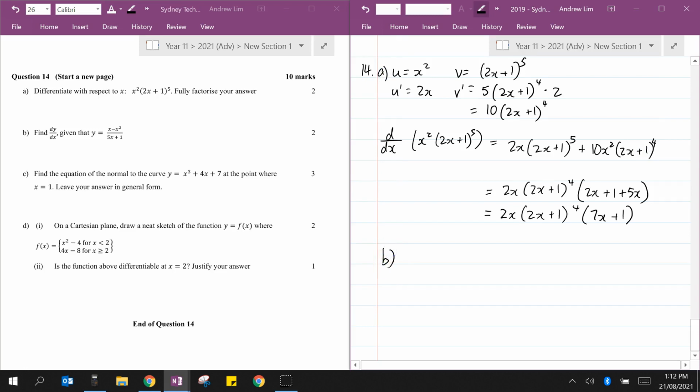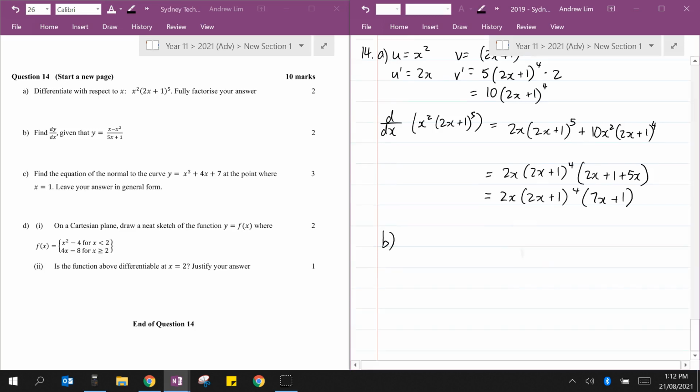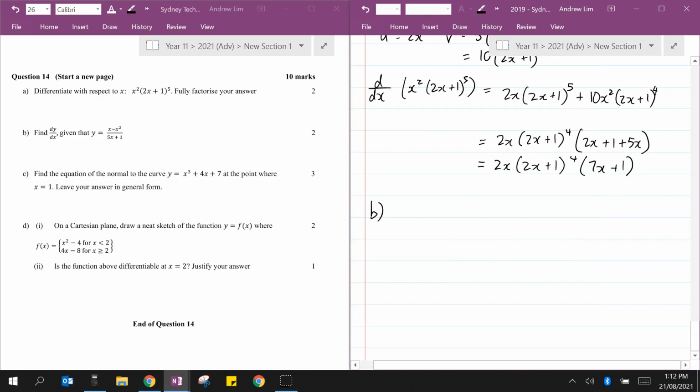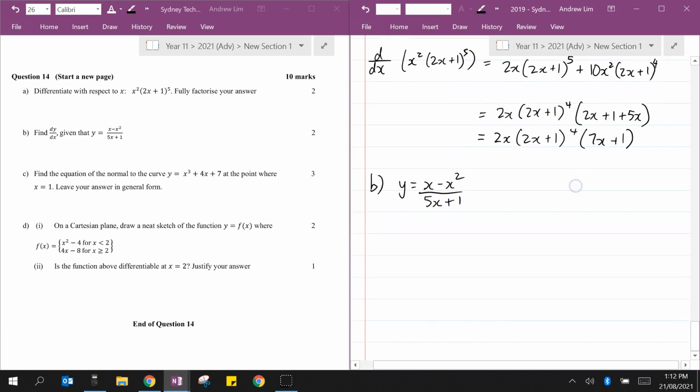Question B. Find dy dx given that y is equal to x minus x squared over 5x plus 1. If we want to differentiate this, we need to use the quotient rule here. So u is equal to x minus x squared, so u dash has to equal 1 minus 2x.